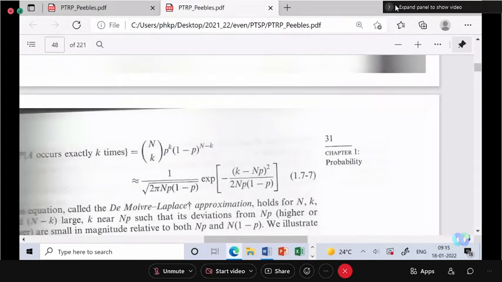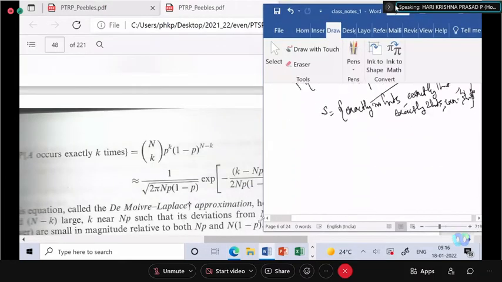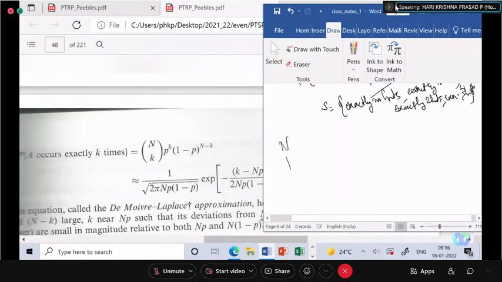Now, how to compute nCk when n is large and k is a small value? Say n equal to 100, k is 10. In such a scenario, we are referring to nCk, right? So how do we write nCk?